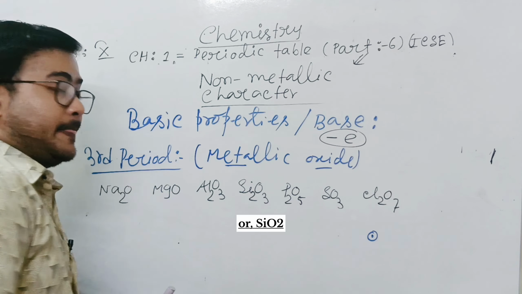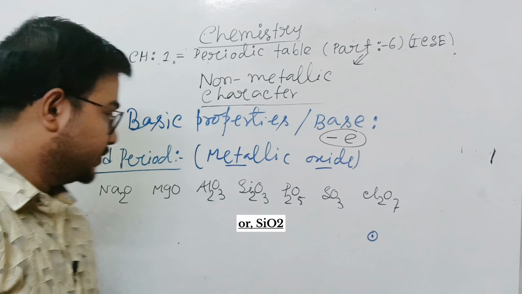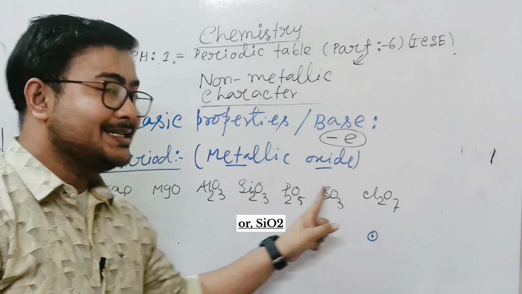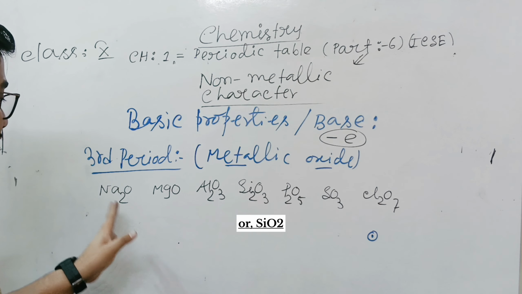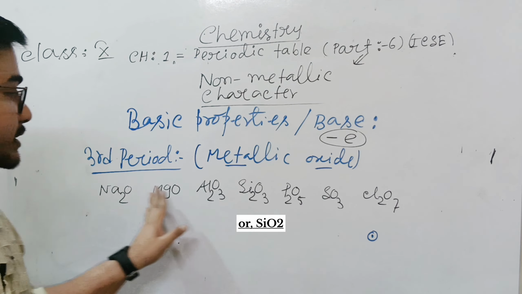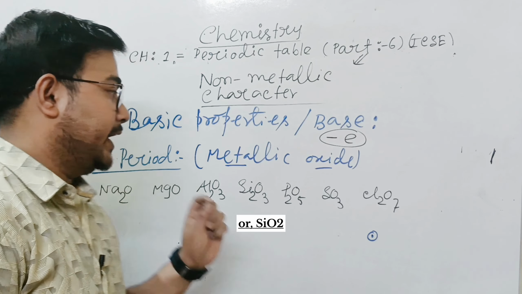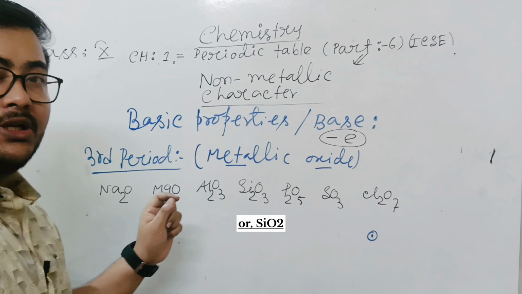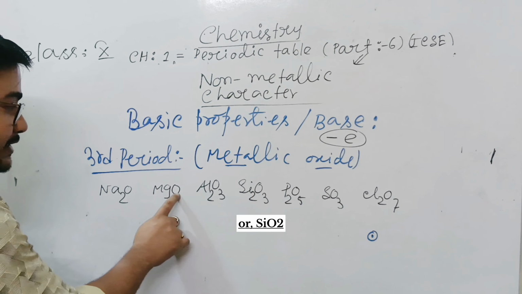In the exam this type of question will definitely come: compare the acidity or basicity among all these metallic oxides. If this type of question comes, don't consider the oxygen.